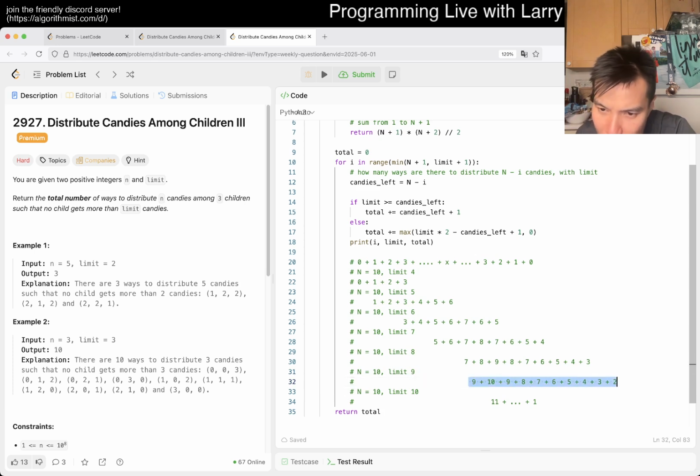So the number of numbers in a sequence is going to be limit plus 1. Is that right? No, this is just limit, but maybe this is a weird case, so we'll figure it out. For limit times 2 is greater than n, which is for these cases and not these cases.